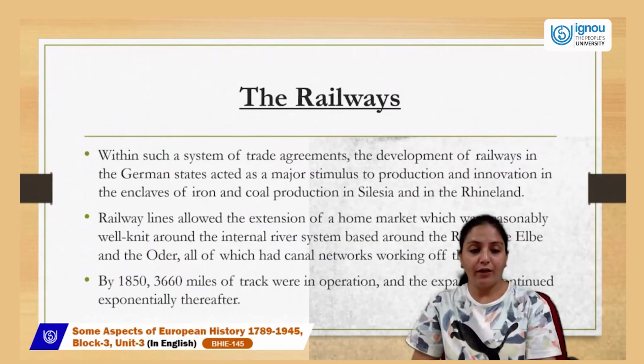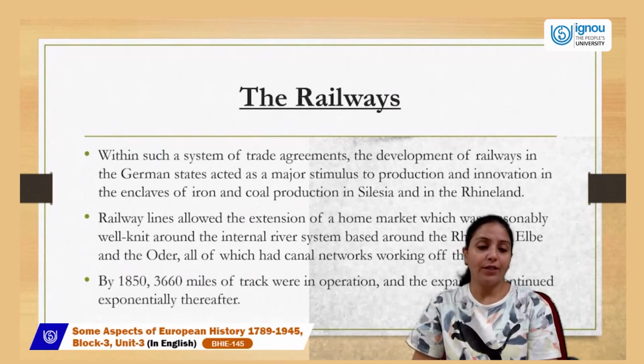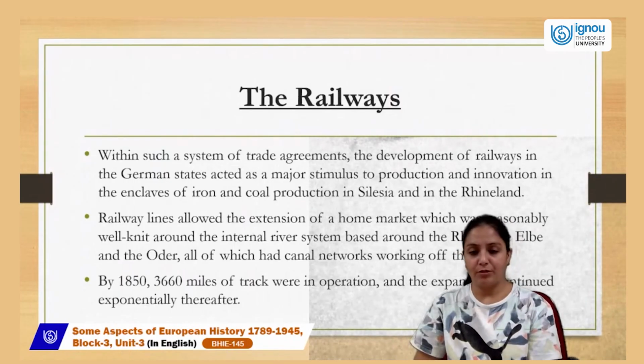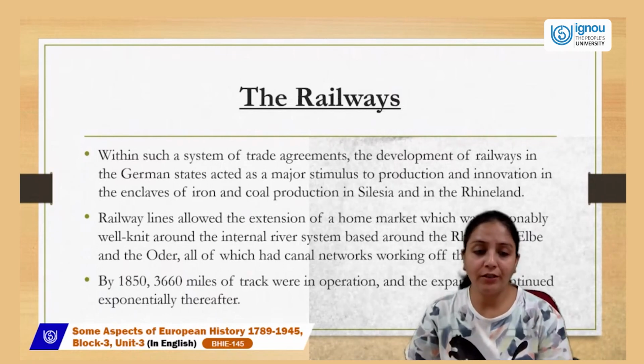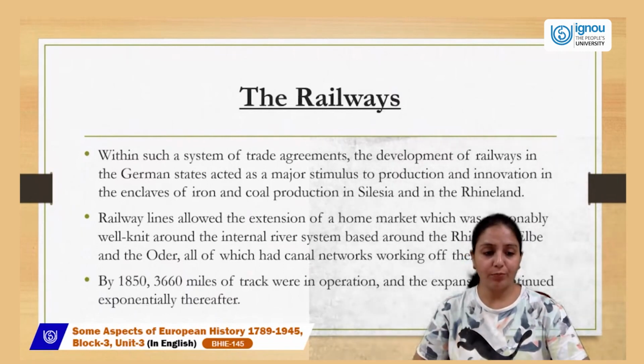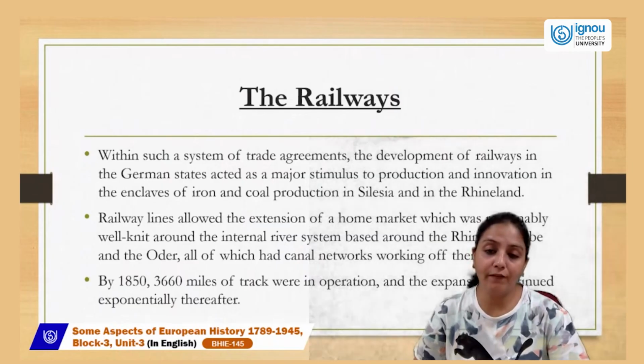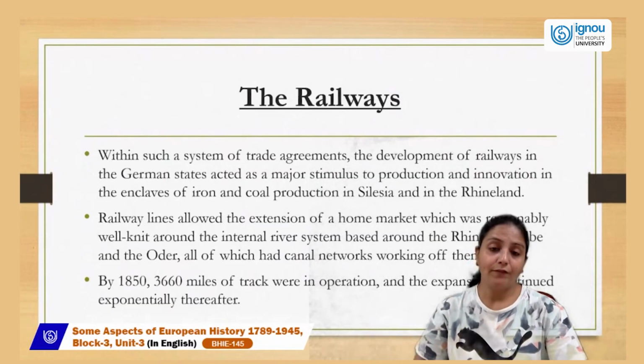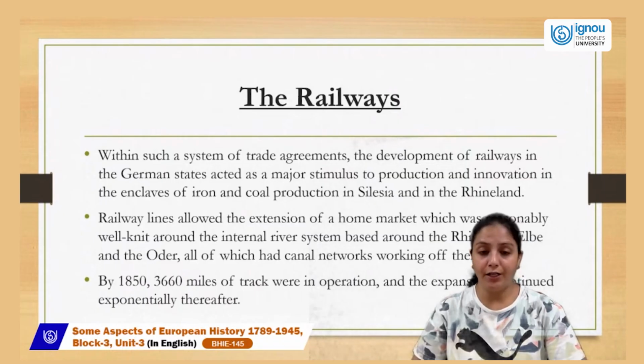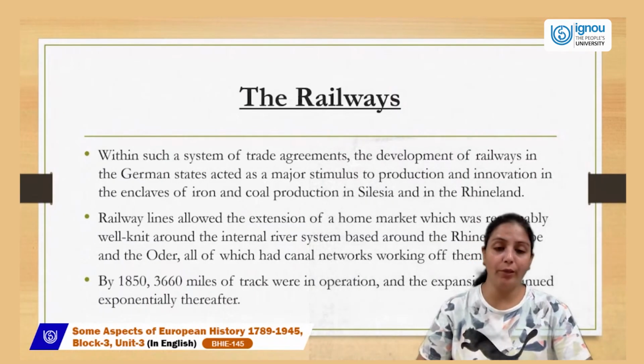By 1850, 3,660 miles of track were in operation. The expansion continued exponentially thereafter. And if we are talking about the railway in India, it started in 1853, and the first railway line of India was Bombay to Thane.